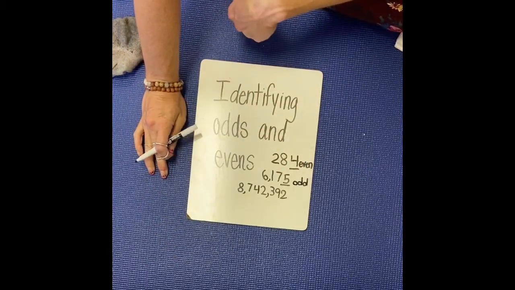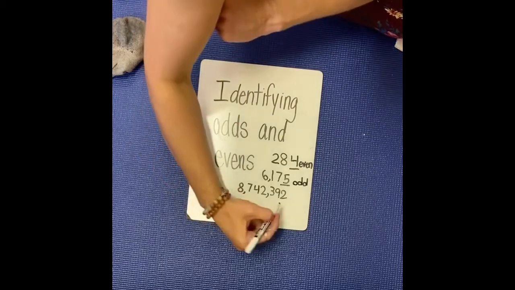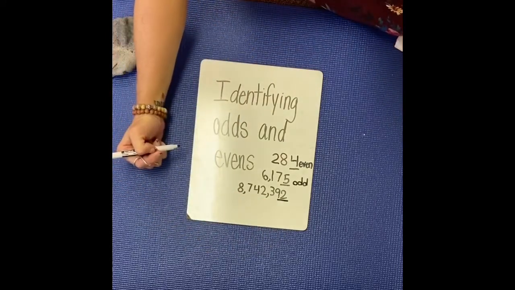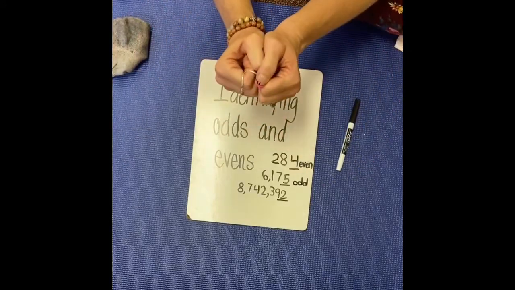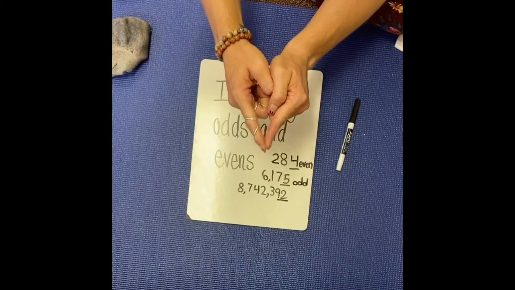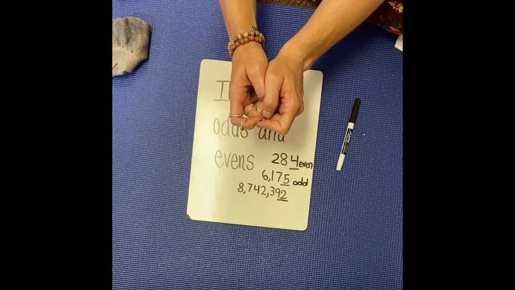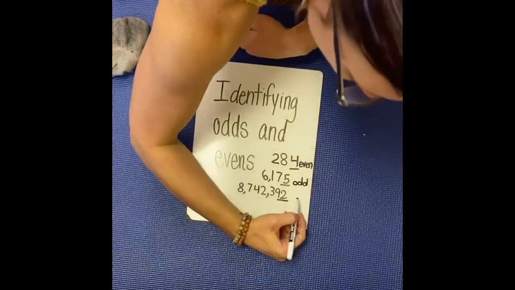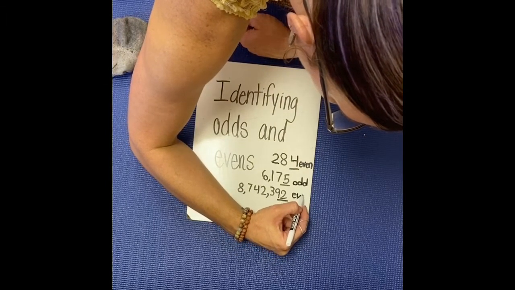Because you definitely don't have that many fingers. No, it sure doesn't. You're just looking at that ones place value. It's a 2. Prove it. 1, 2. 2 is even. It has a dance party. So 2 is even. Dance partners are together and having a great time.